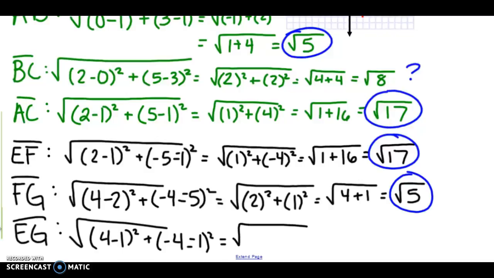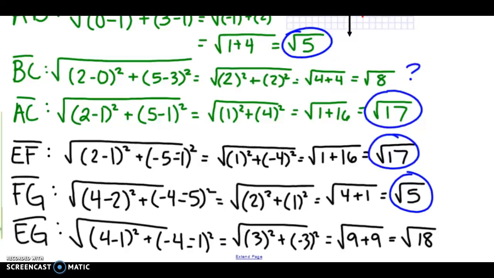Okay, so then 4 minus 1 is 3 squared. Negative 4 minus a negative is like adding, so negative 4 plus 1 would be negative 3 squared. I get 9 plus 9, the square root of 18. Is that equal to the square root of 8?